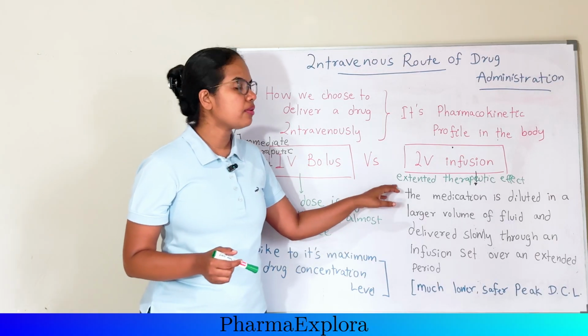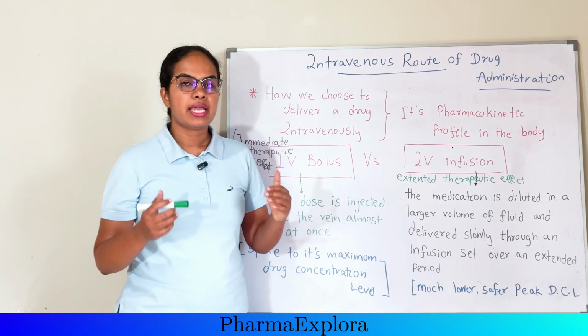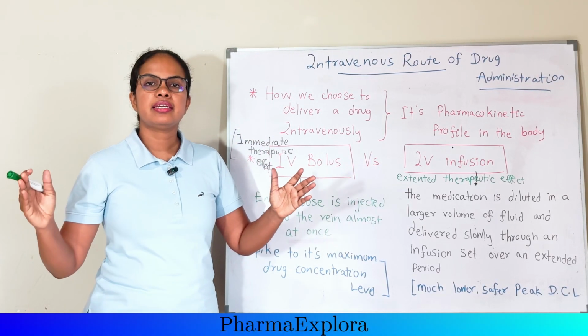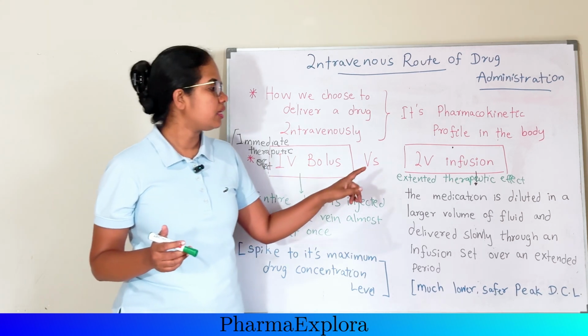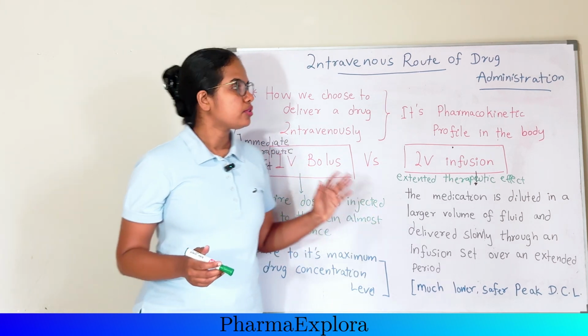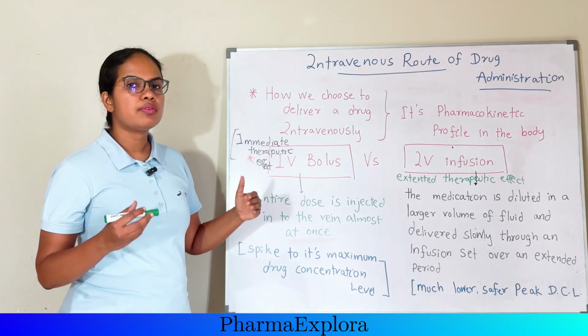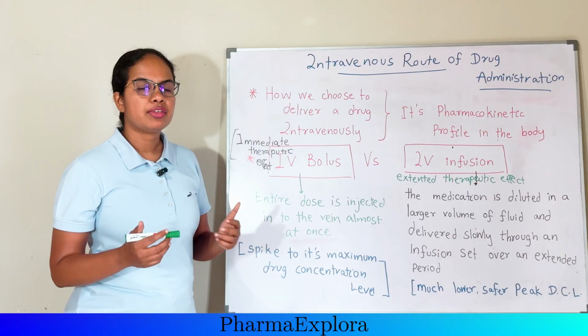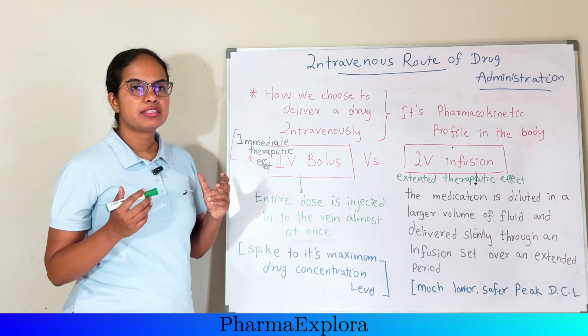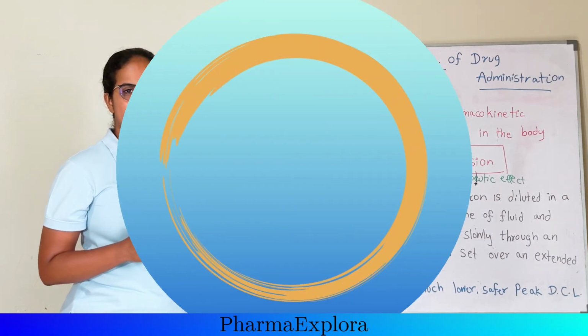We use IV infusion to have an extended therapeutic effect or longer duration of action of the particular medicine. So this is the brief overview of the methods of giving intravenous medicines.